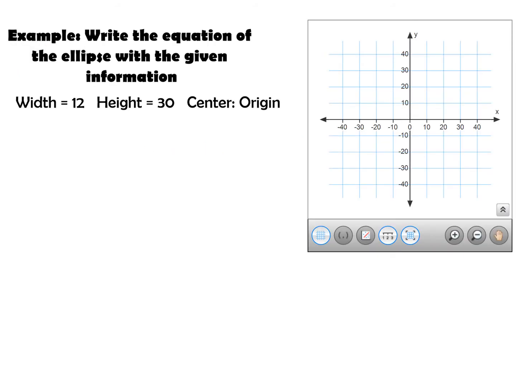All right, so this example is going to have us write the equation, and they give us some different information. It tells me that the width is 12 and the height is 30, and the center is the origin. So I think I'm going to start with plotting the origin just to remind myself that that's the center.